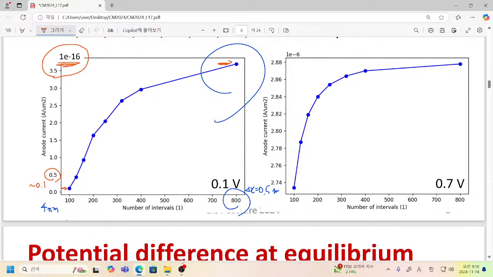So compared with this 3.5, it means that not only the electron density and hole density at equilibrium, but the solution at our meaningful IV characteristics becomes quite inaccurate by introducing this small number of grid points. Okay, if we go to other bias points like 0.7, then maybe this quality reduction is not that high.